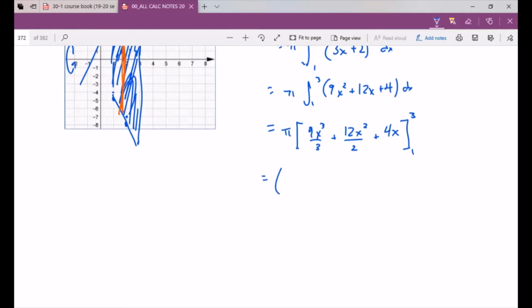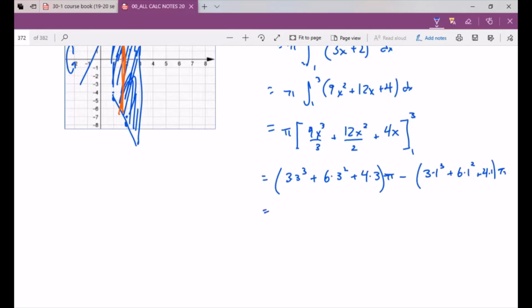So 9 over 3 is 3 times 3 cubed, 12 over 2 is 6 times 3 squared, plus 4 times 3, and that is multiplied by pi. We are going to subtract. We're going to evaluate at 1. 9 over 3 is 3x cubed, so 3 times 1 cubed plus 12 over 2 is 6 times 1 squared plus 4 times 1, and this is also multiplied by pi.